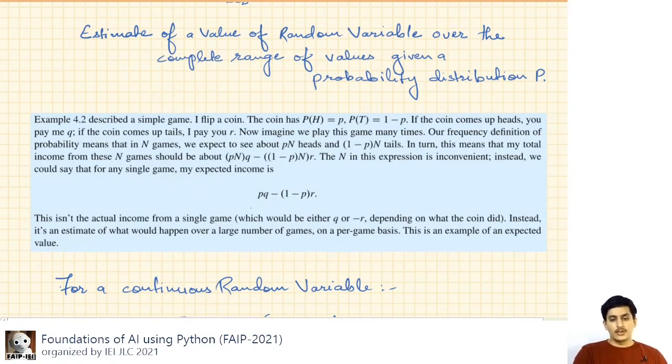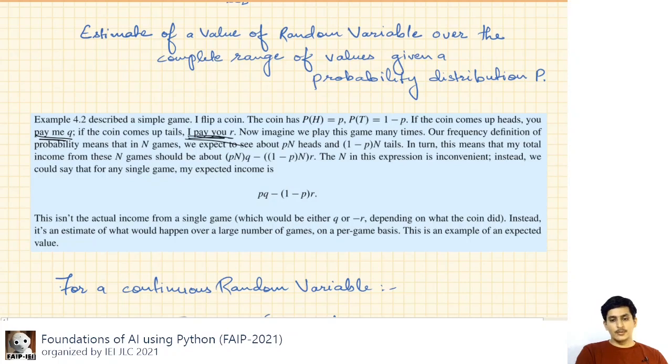So, this is about a particular game where they have decided that there is a coin, and whether the coin gets an H or a T upon flipping, they have this deal that if there is an H, the first player will pay Q, and if it is a tail, then the other player will pay R. All right.